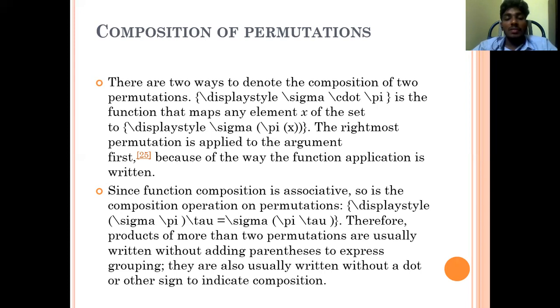Since function composition is associative, so is the composition operation on permutations. Therefore, products of more than two permutations are usually written without adding parentheses to express grouping. They are also usually written without a dot or other sign to indicate composition.